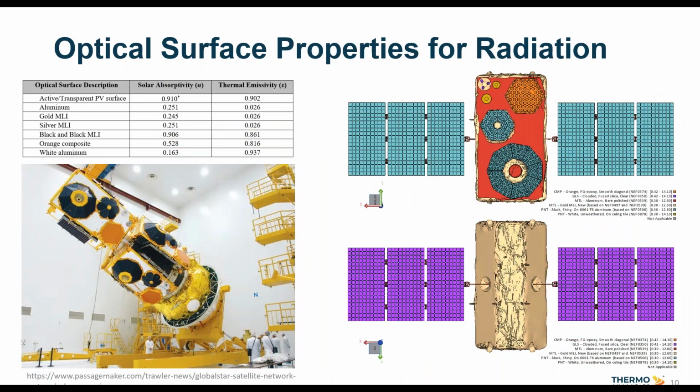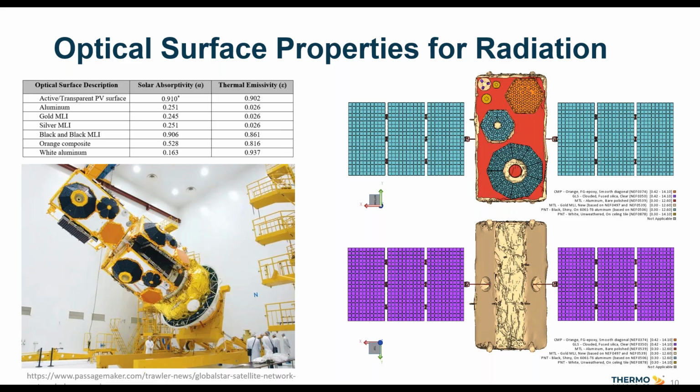When we perform a thermal simulation, it's important to look at these different optical surface properties for radiation exchange purposes. We need solar absorptivity and thermal emissivity for our dual band radiation solver. The table in the upper left shows those two properties for some of the important different optical surfaces of the satellite itself.